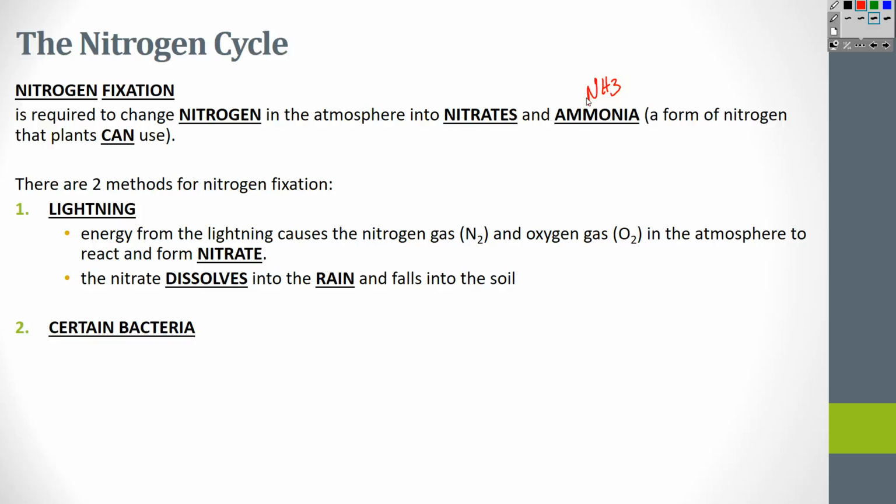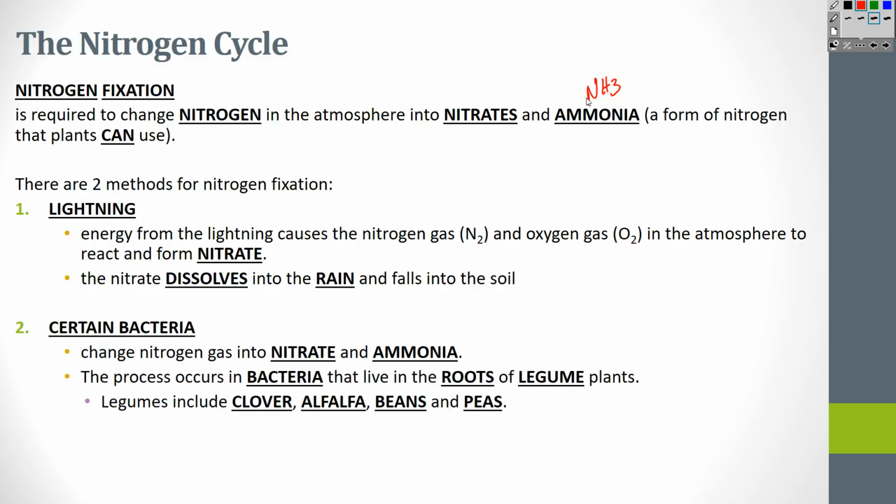The first one is lightning. So when you have a lightning strike, it actually ionizes the nitrogen in our atmosphere, and it causes it to form nitrates. And then when you have rain, those nitrates get dissolved in the rain and fall to the ground. There are also certain bacteria that can do this on their own. So special plants called legumes actually have little nodules on their root system that contain bacteria, and we call them nitrogen fixing bacteria.